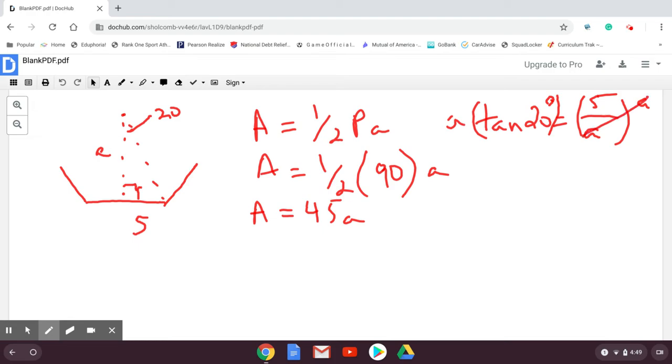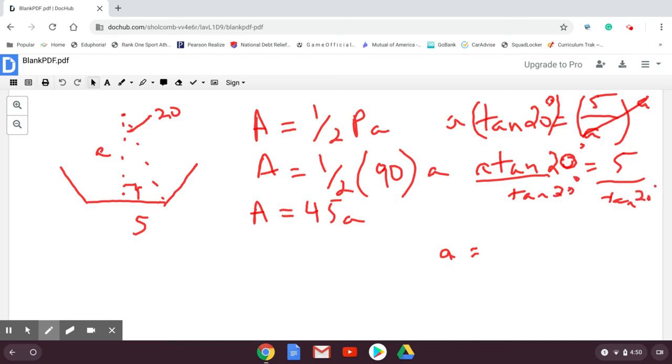And now I've got a tangent of 20 degrees times a equal to 5, which divide both sides by the tangent of 20 degrees means that our apothem is equal to 5 over the tangent of 20 degrees.